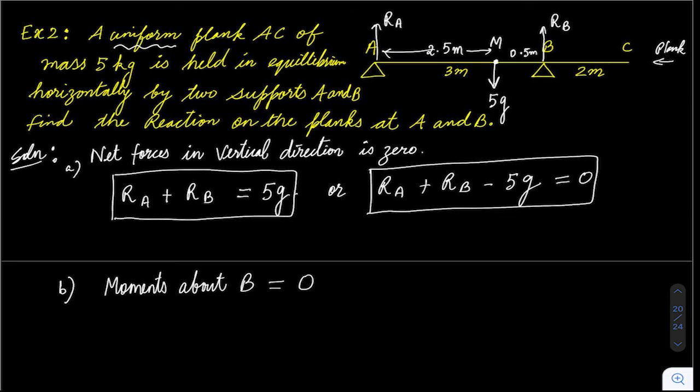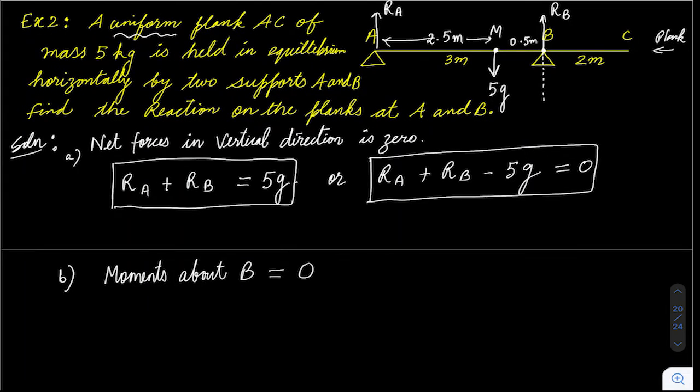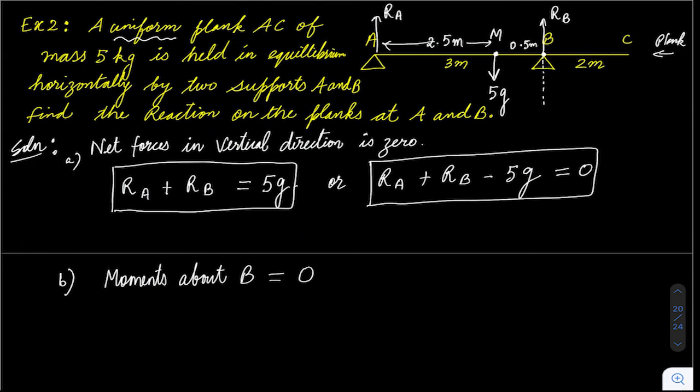When you take moment about B, the moment of reaction force RB will be 0 because the perpendicular distance is 0, right? So if you take moment about this point, the perpendicular distance will be 0. So that's why RB will have 0 moment. So let's write the equation. So moment about B will be 0.